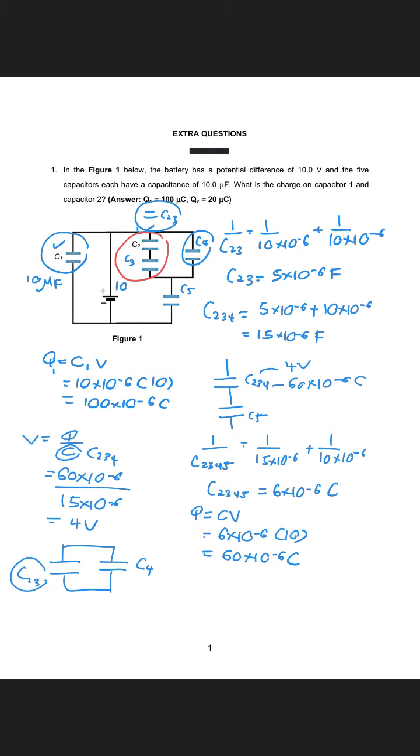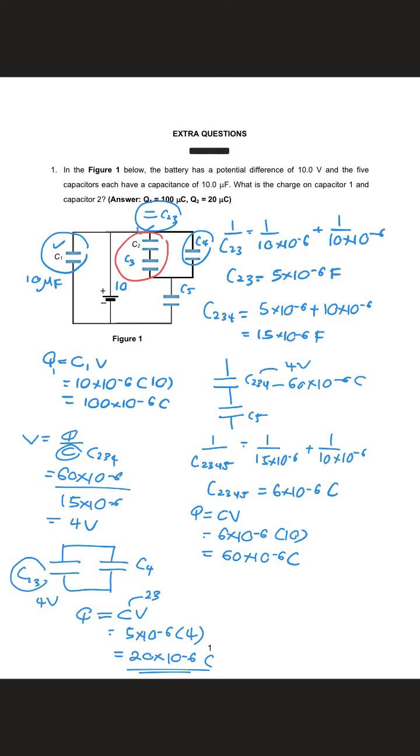Once you know the 4 volts, you can find the charge using the same formula, Q equals CV, where C here is C23, 5 power of negative 6, and the voltage is 4 volts. Therefore you get 20 power of negative 6 coulomb.